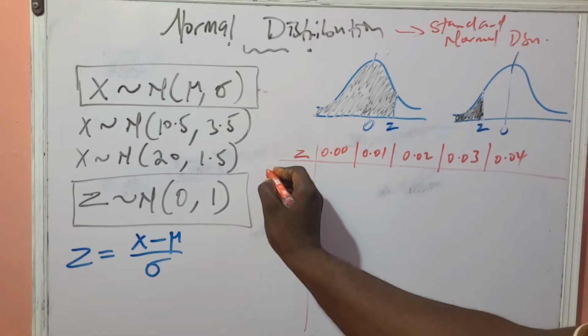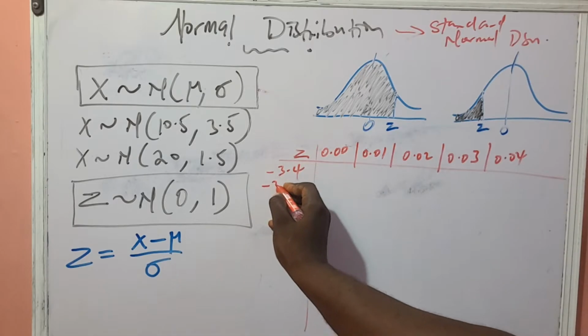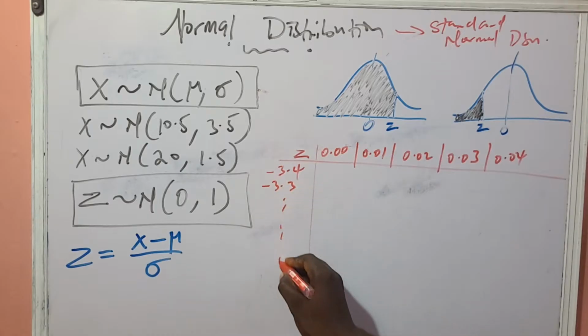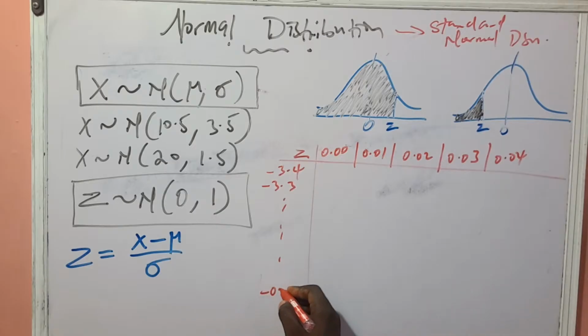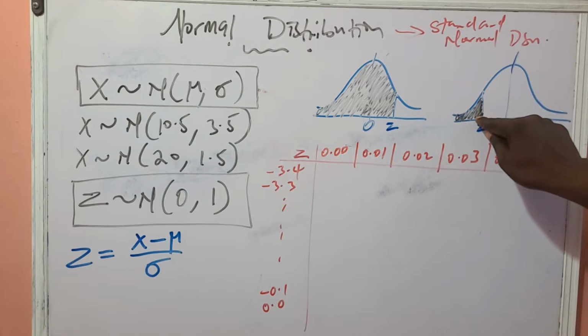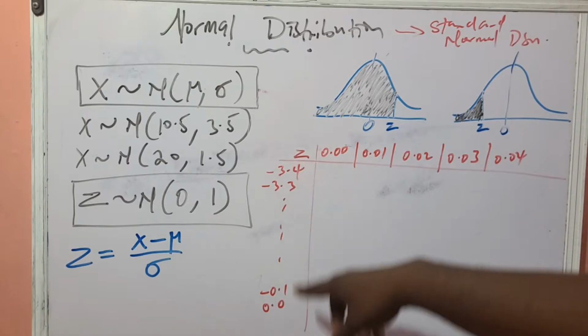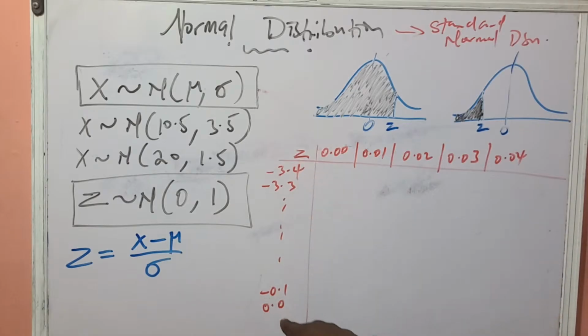You could have other bigger tables, but you have minus 3.4, minus 3.3, up until it got to minus 0.1, then 0.0. This is for the smaller shaded one. It started from minus 3.4 and ended at minus 0.1 and 0.0.